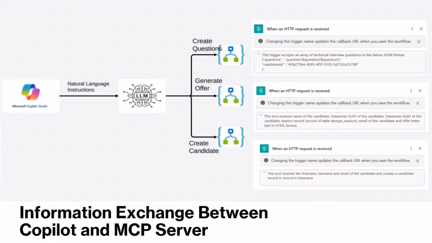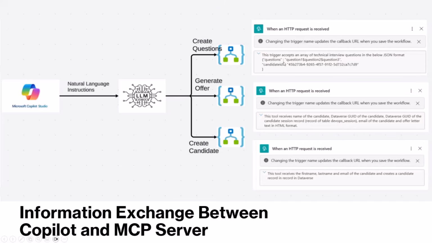Now, how does it work? Let's drill down further into this. Let's talk about create questions. We have described this action as a JSON object, which can take a questions array, which is basically dollar-separated questions.